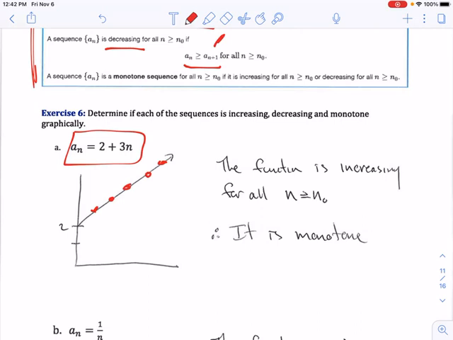I also called it a function. I think when I did this problem, I was thinking functions. I graphed a continuous line and I called it a function. However, we are dealing with sequences, so we're dealing with discrete points, and we will change the word function to sequence. So a sequence is increasing for all n greater than or equal to n sub 0.